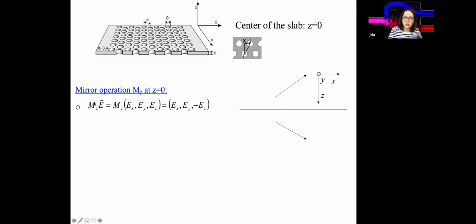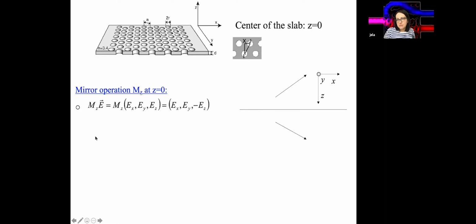So the mirror operation, a mirror at the Z equal to 0 plane, applied to an arbitrary vector E, would flip the EZ component, but since the mirror itself is in the XY plane, the EX and EY components are untouched. Does this make sense? So the mirror applied to an arbitrary electric field vector would flip EZ as shown in the picture, but EX and EY are untouched.